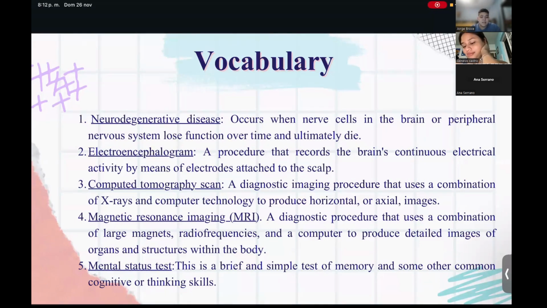Magnetic resonance imaging is a diagnostic procedure that uses a combination of large magnets, radiofrequencies, and a computer to produce detailed images of organs and structures within the body. Mental status test. This is a brief and simple test of memory and some other common cognitive or thinking skills.